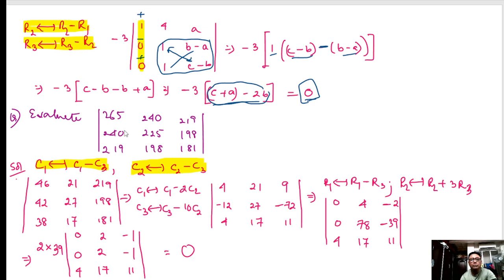Now we will do C2 minus C3, which is 21, and keep it in C2. Similarly, 225 minus 198, 27, and keep it in C2. Similarly, 198 minus 181, which is 17, and keep it in C2. So this is what we have done. And now what will we do?